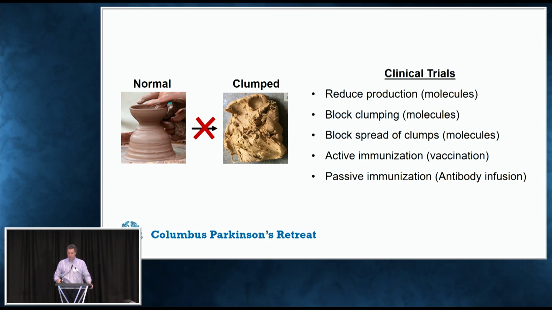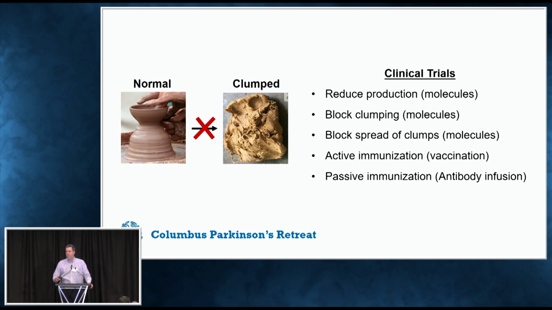That's early stage, primarily a safety and tolerability level. And then there's also passive immunization, which is actually infusing antibodies. And this is done throughout medicine, putting in very specific antibodies that will go for and try to remove or alter the function of particular proteins.